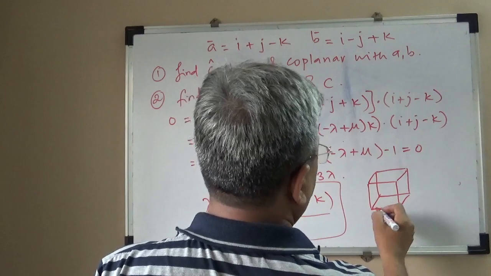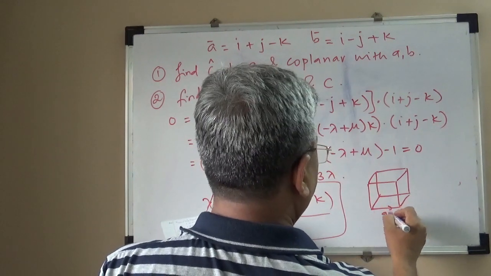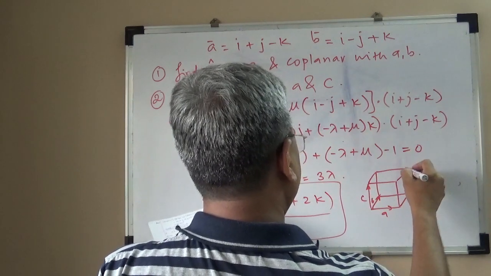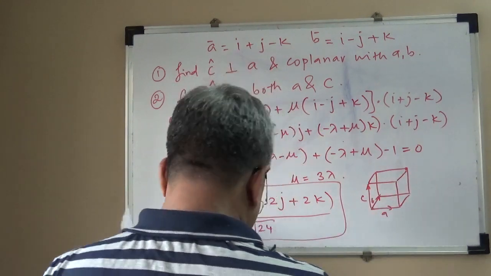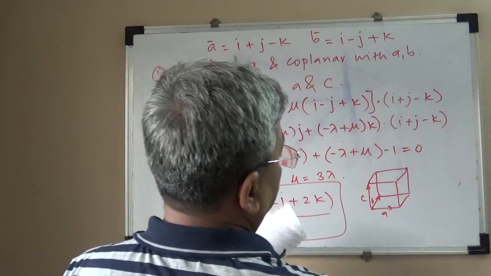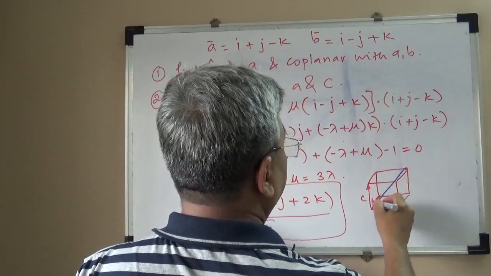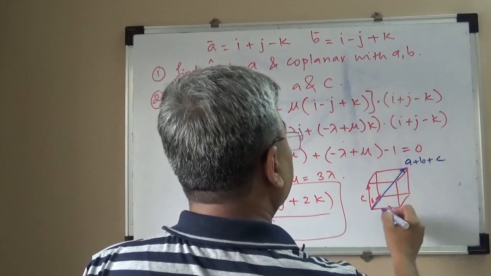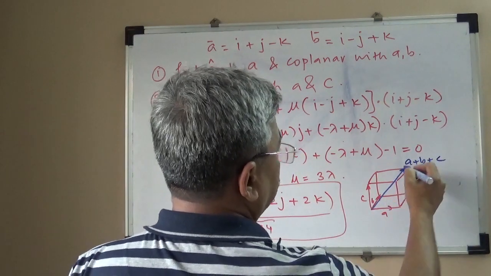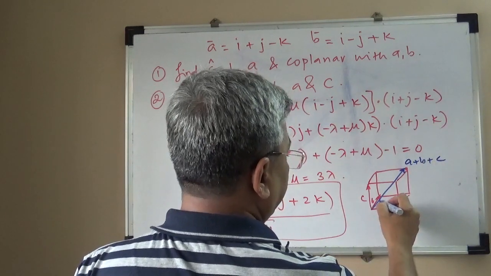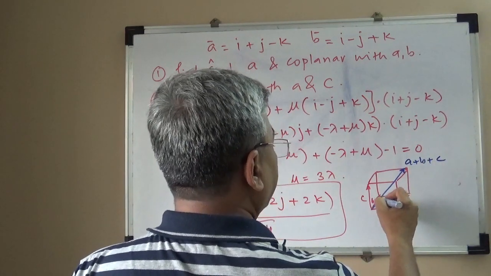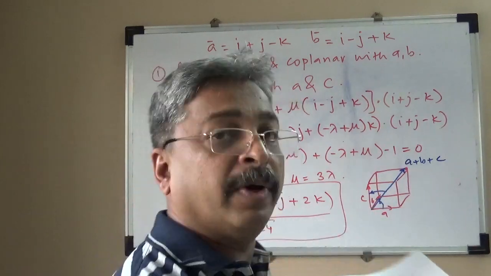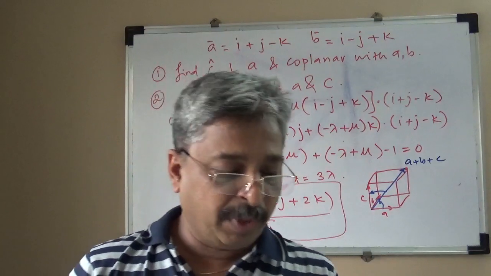Now this is your, say, vector A, vector B, vector C. Then the vector joining this vertex and this vertex is going to be A plus B plus C. And now you have to show that whatever angle this vector A plus B plus C makes with A, whatever angle it makes with B, and whatever angle it makes with C, all of them are equal. So it is a simple problem.